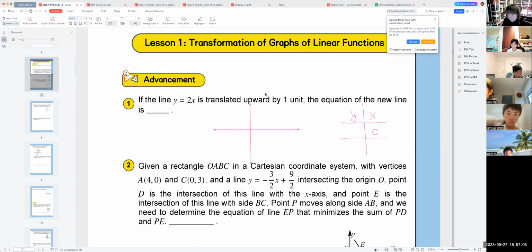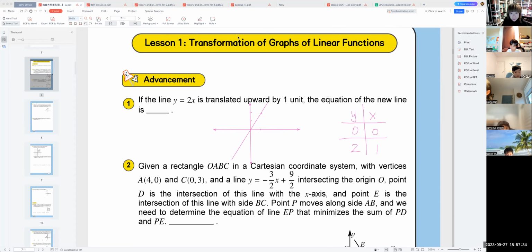0. Very good. When x equals 1, y equals what? 2. Very good. So it is 0 and 1, 2. Correct? So I have this one. Correct, boys and girls?